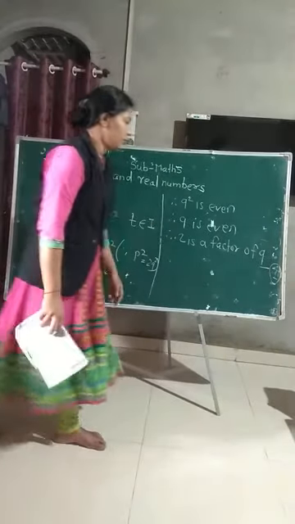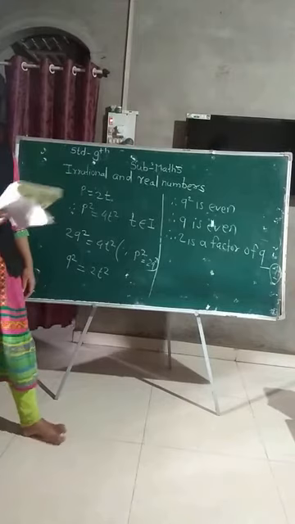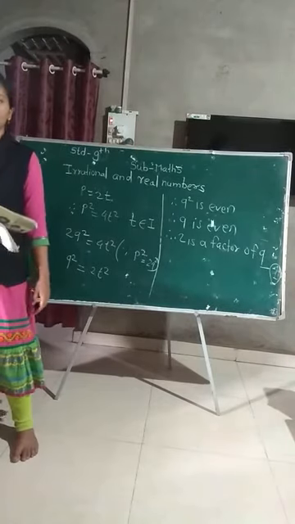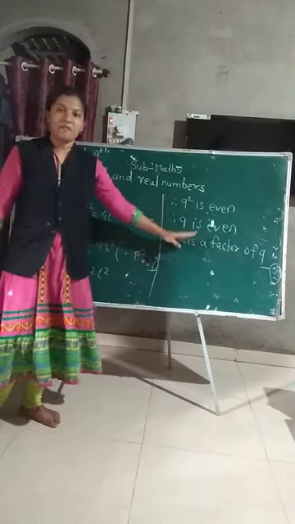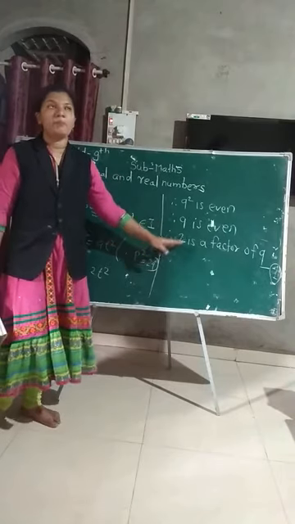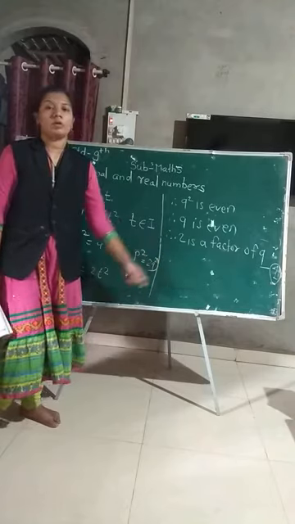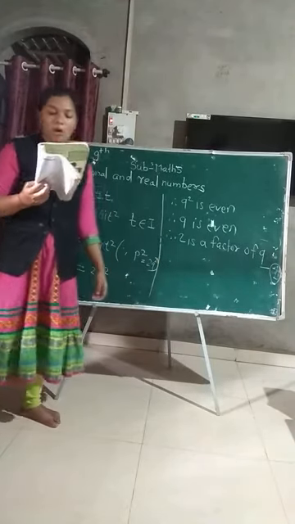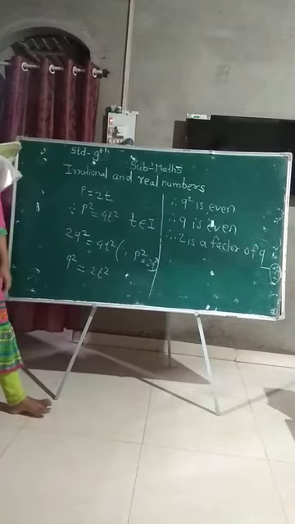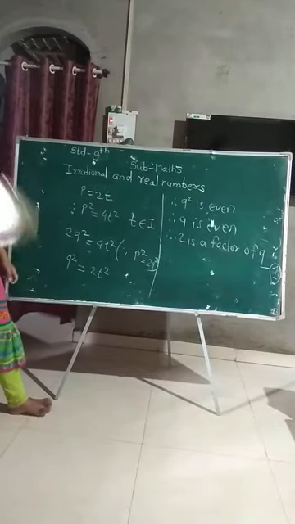In the beginning, we saw p and q have no common factor other than 1. But from statement first and second, 2 is a factor of p and q both. So this is a contradiction.